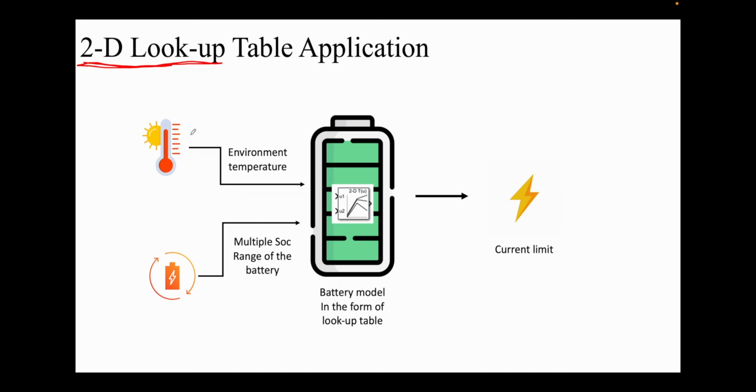Here we are now considering the temperature of the environment as well, along with the SOC of the cell. Suppose I have a different parameter which represents the state of charge for the cell. Along with that, if you take the temperature into consideration, then based on these two quantities you can determine the current limit. So that way you can use a lookup table to determine the same.